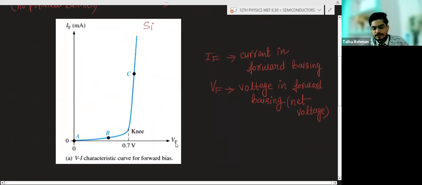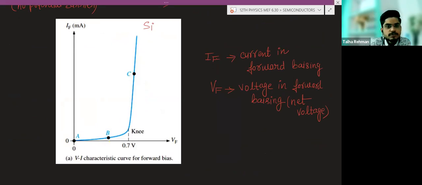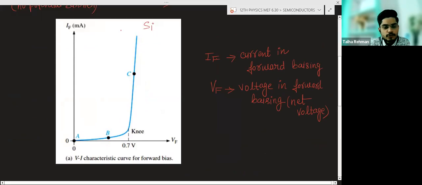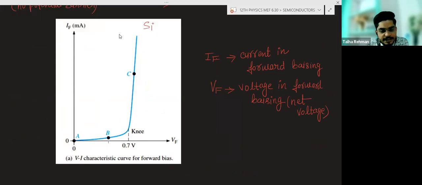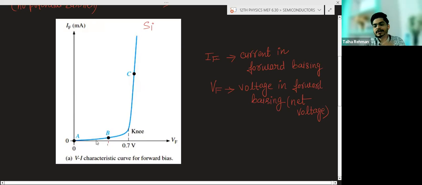So this is V suffix F, this is I suffix F. This is in milliampere. Okay. So now from A to B, from this point to this point, you are increasing the applied voltage.